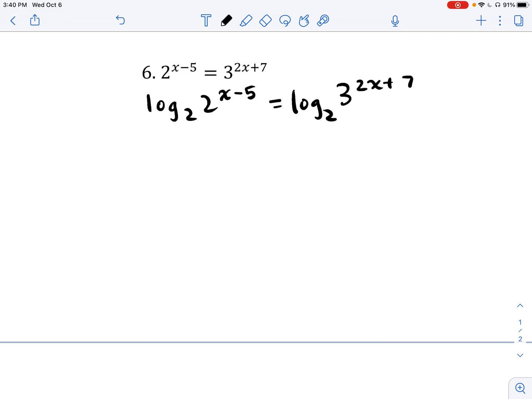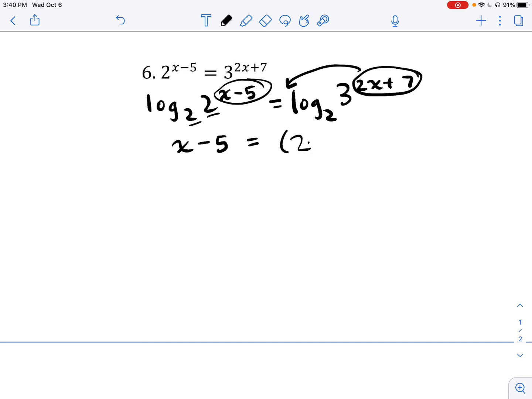I know all of this then is going to be equal to x minus 5, because log base 2 of some argument, that's the same as our base, is just simply this power, so that's x minus 5. Now that I have this, I can move that power over to the front using the log properties and say that this is 2x plus 7 times log base 2 of 3.